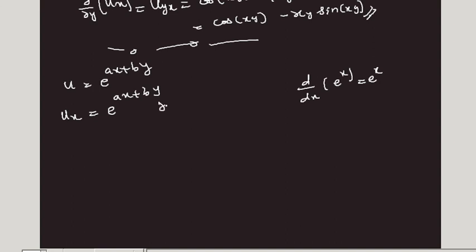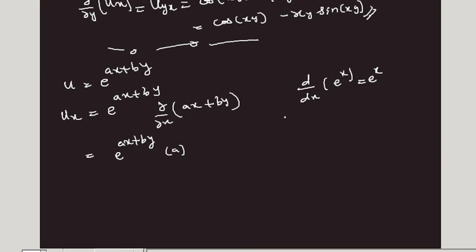Now we differentiate ax plus by. So we get e power ax plus by. Here ax differentiation is a plus by is 0. Because we are differentiating with respect to x partially, y is 0.